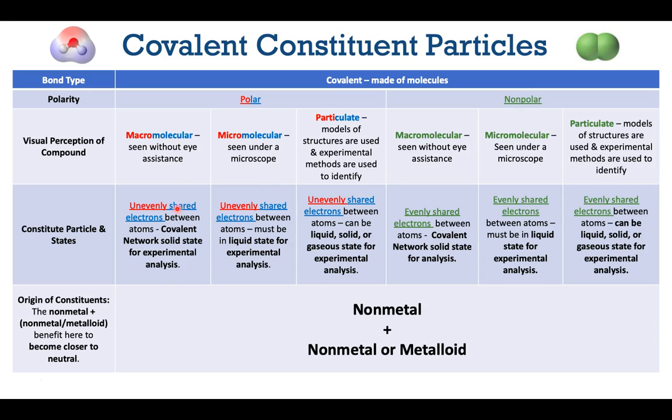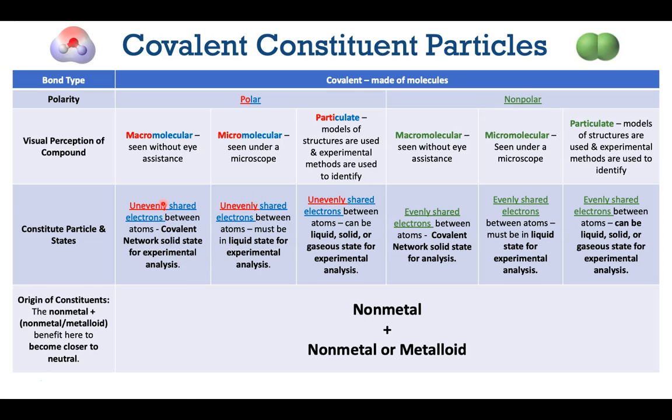So macromolecular particles are unevenly shared electrons between atoms. Covalent network solid states are for experimental analysis. These are macromolecular. Anytime we have a covalent network solid state for experimental analysis, that is something that we can see without eye assistance. Okay?